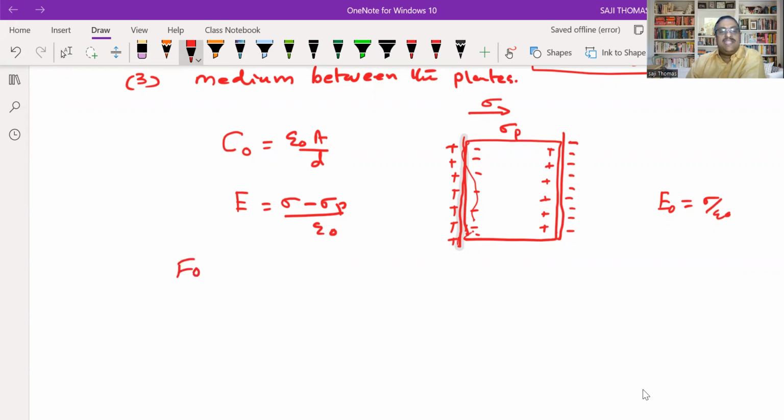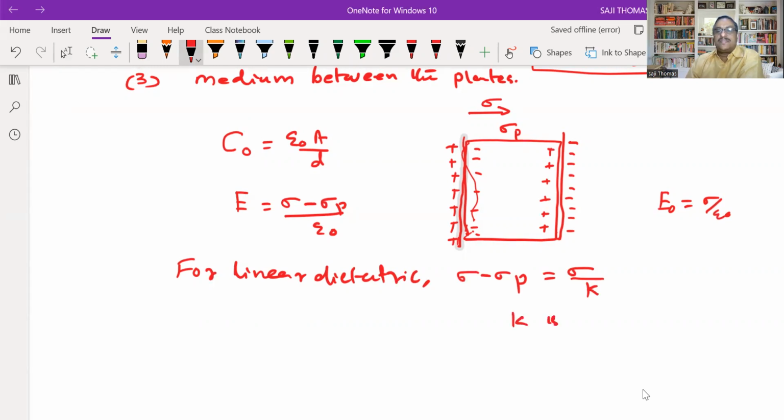For a linear dielectric, sigma minus sigma P equals sigma by K. This K is the dielectric constant or relative permittivity. So we can write E is equal to sigma by K.